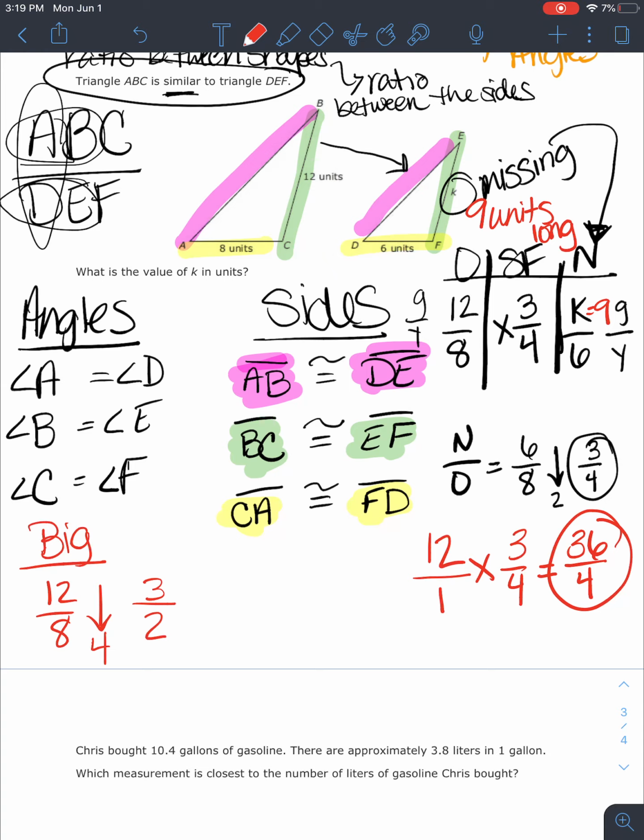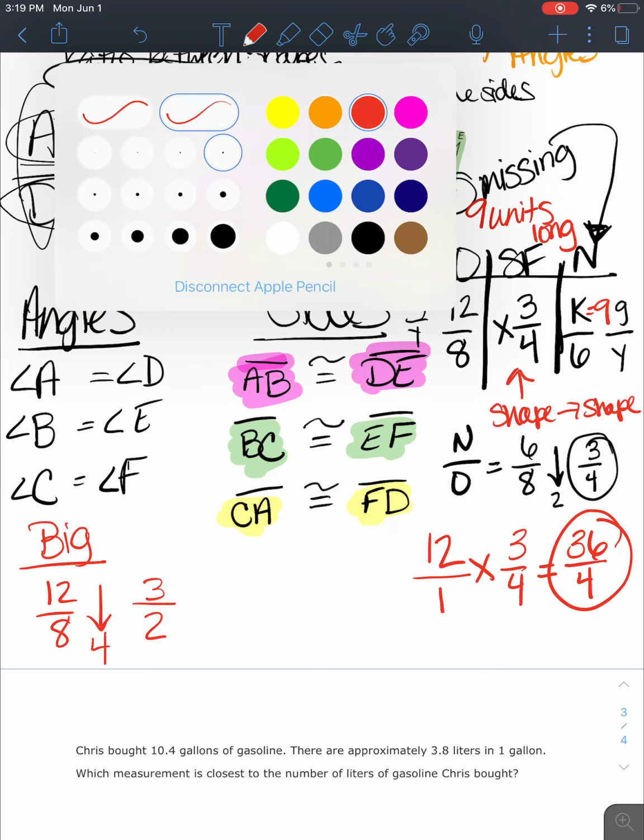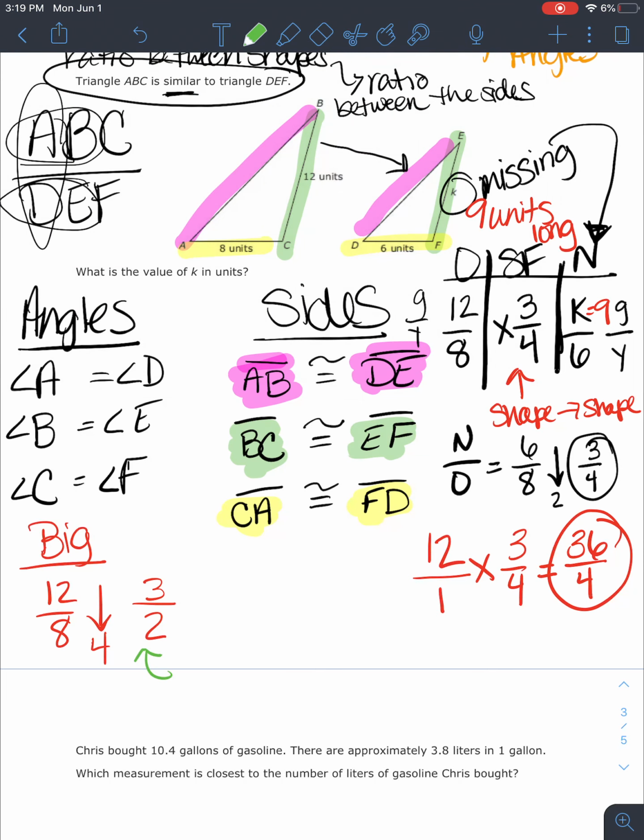Okay, so this is the ratio within the shape itself. The 3/4 was the ratio between the two shapes, so this was from shape to shape. This ratio that I just found right here is from side to side within the same shape.